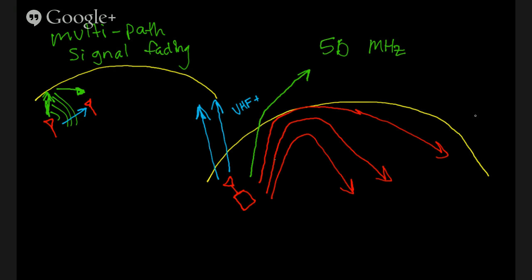And these are generally, 30 mega, let's see, this is very low frequencies. This is 40 meters. This might be 20, 10 meters, going up in frequency like that.